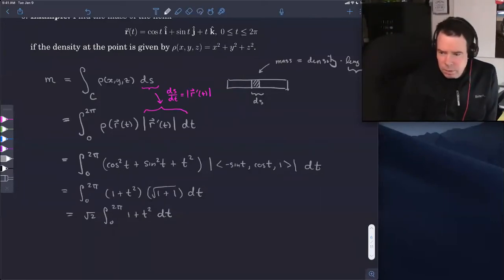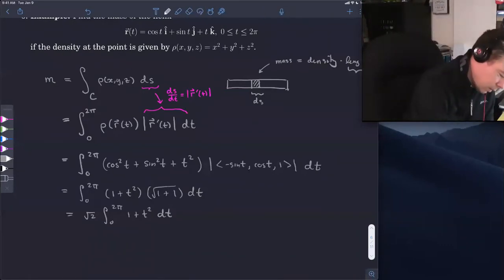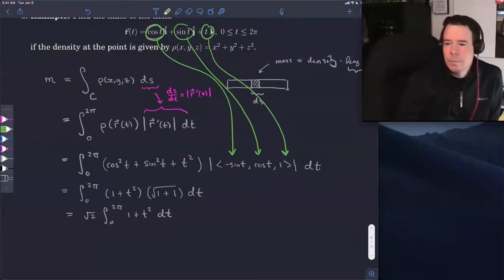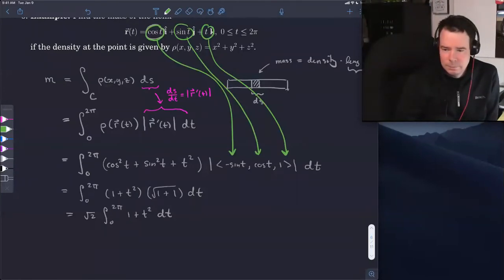I'm just looking to see. The derivative of t squared, not 2t? We haven't taken the derivative of t squared. What we are taking the derivative of is, I'll put it in a different color, the derivative of the r function. So that derivative, and that derivative. So we're not taking the derivative of rho of r of t. Oh, there's no derivative there. Yeah, we're just plugging it in. Well, I was thinking like you would take the derivative of cosine squared t plus sine squared t plus t squared.